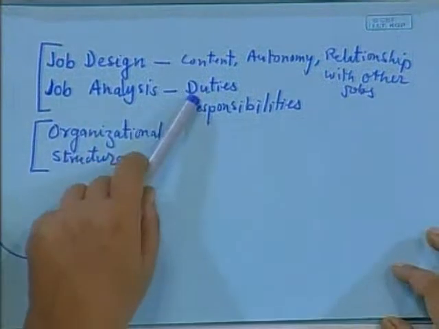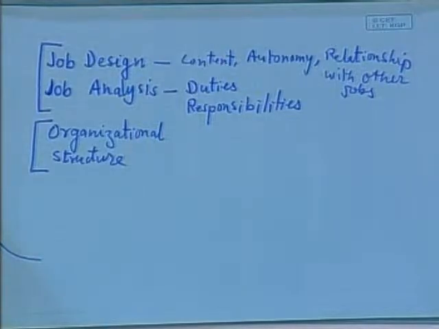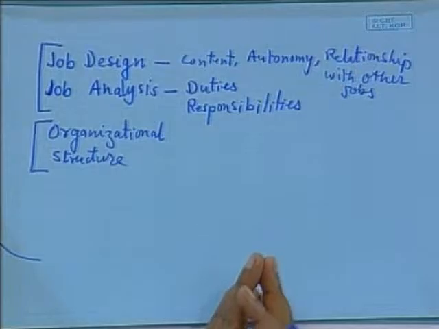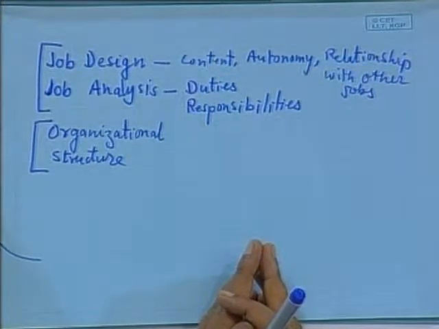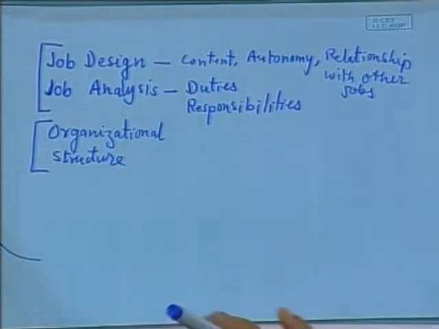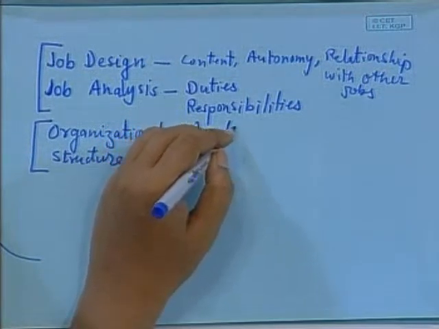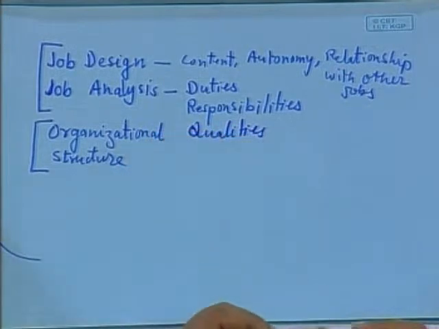Then apart from job design, we have job analysis, which talks about duties and responsibilities, and that is derived from the job design, isn't it? So, you list down the duties, you list down the responsibilities, and at the same time you try to find out what kind of qualities are required by the person to perform the job.